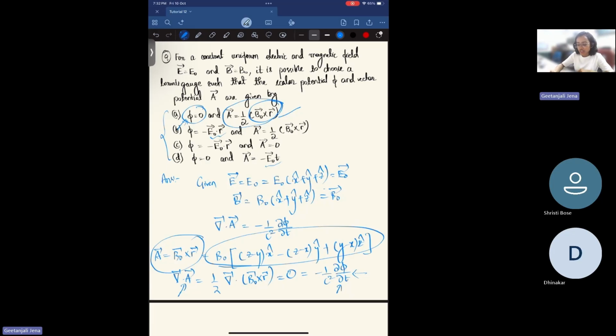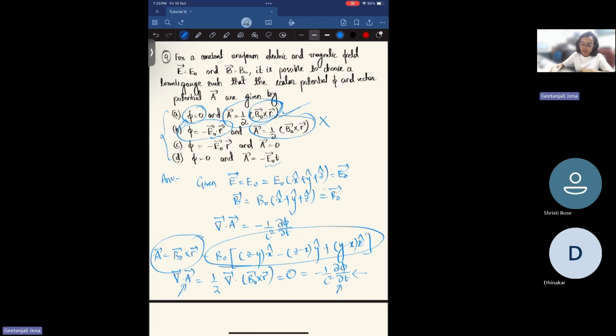If you check these two conditions and whether they satisfy the Lorentz gauge, it does satisfy it. So this is the answer. For option B, it's the same vector potential, but phi is minus E0 dot R, which is not a constant or a 0 value. So this can't be true.